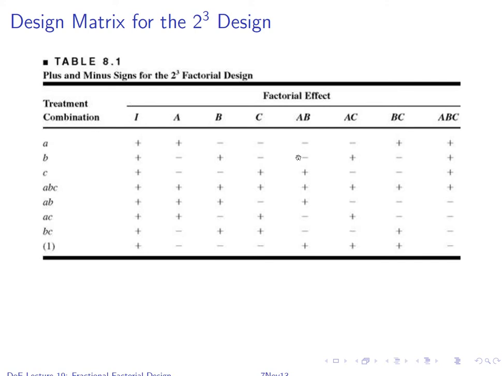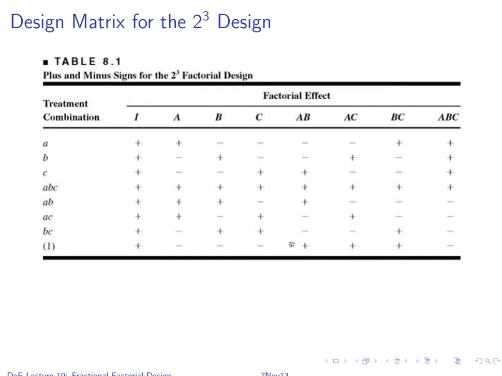And so the first 2 are low, the next 3 are high, and the second to the last 2 and the third to the last are low, and the last case, where they're all negative or at the low level, AB is positive, of course.